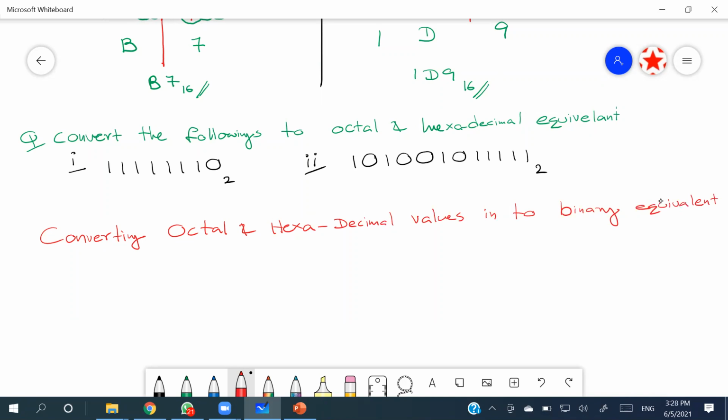Right? Okay, now this is very easy, people. It's the same connection there. 8 is equal to 2 to the power 3.